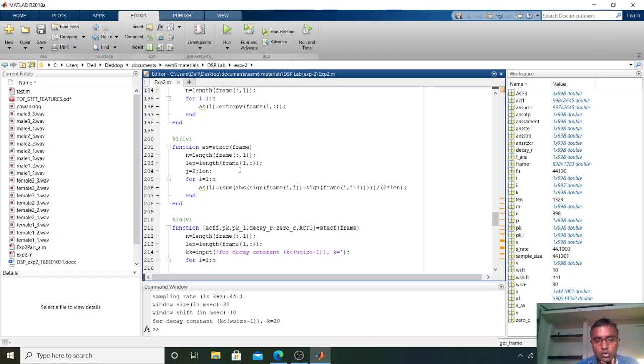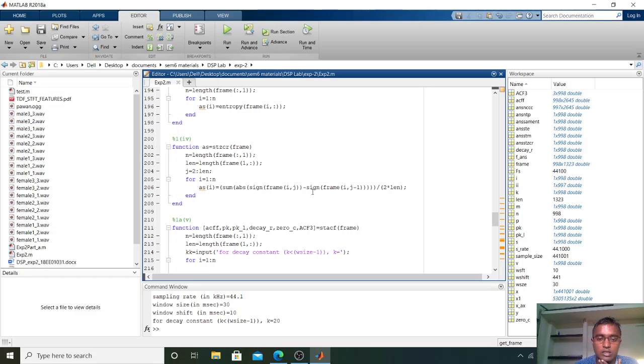After that, zero crossing rate. For zero crossing rate the main logic is that if two consecutive points have opposite signs, then there is a zero crossing. I am doing this using the signum function: signum of frame(i, j) minus signum of frame(i, j-1).